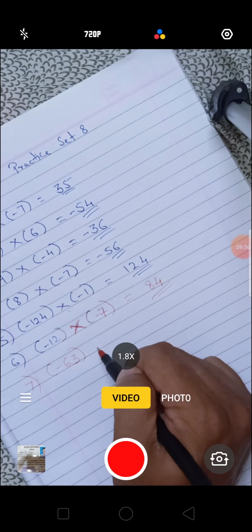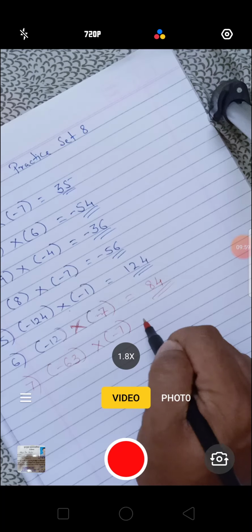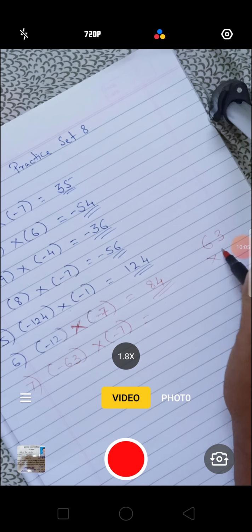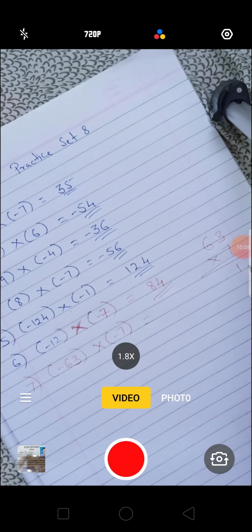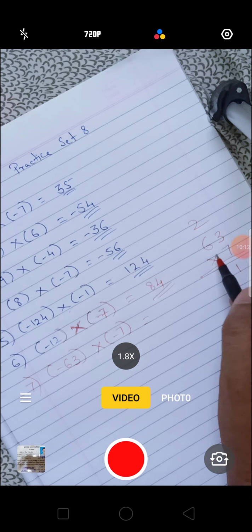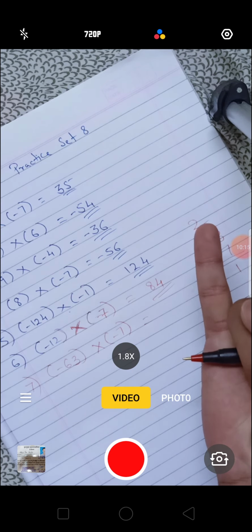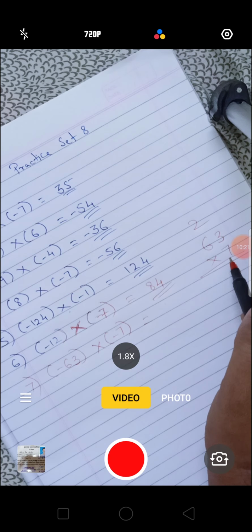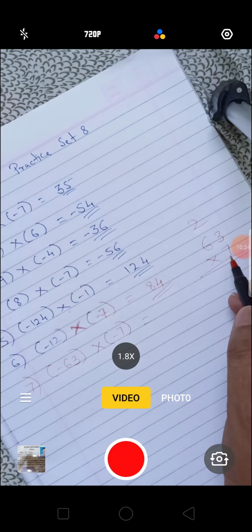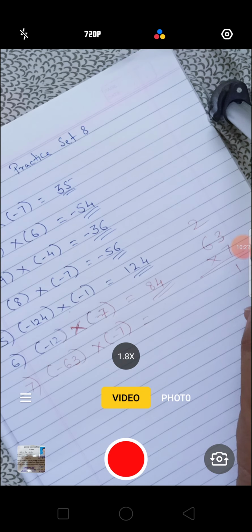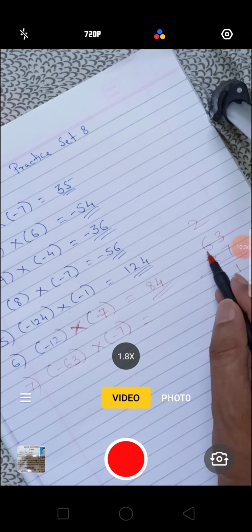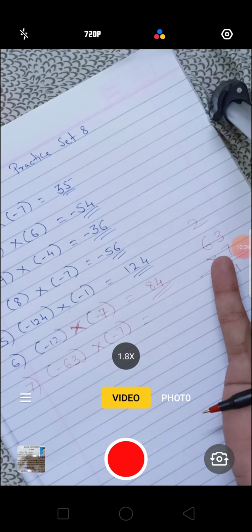Seventh sum, -63 into -7. 63 sevens are, see you can do like this. 7 3s are 21, 2 here, 7 6s are 42, 42 plus 2, 44.